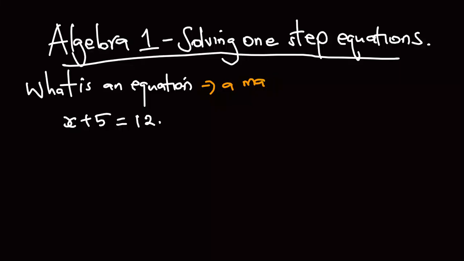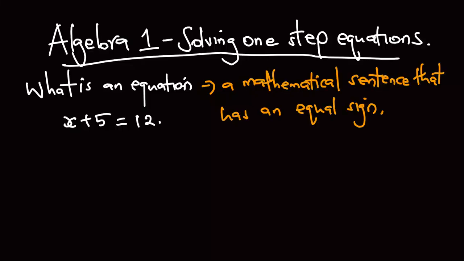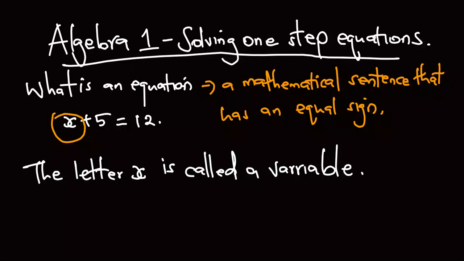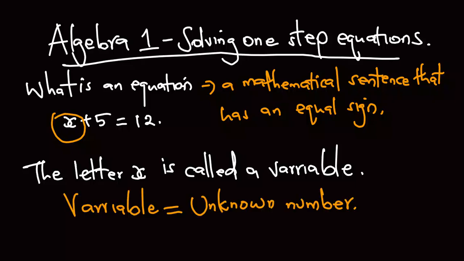You can write that down. x plus 5 is equal to 12. Note one thing, the letter x is known as a variable. A variable is an unknown number.